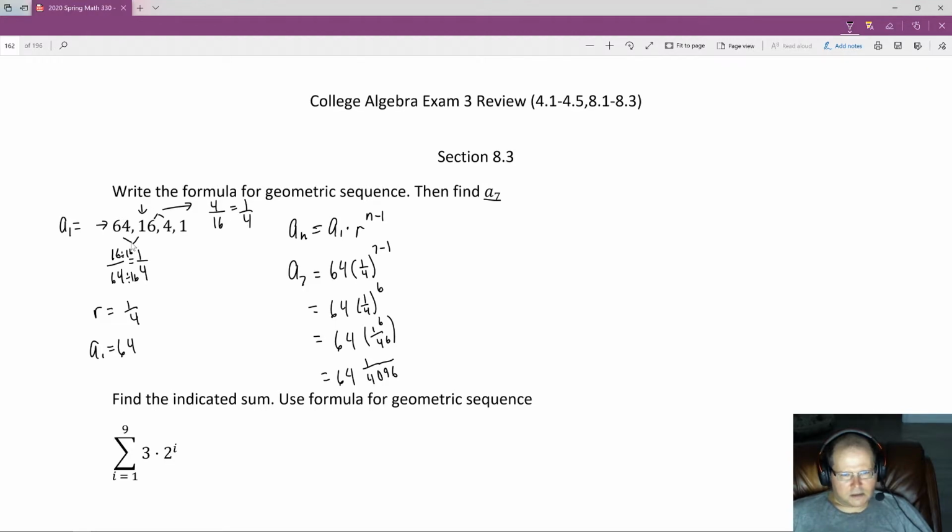So that's 64 over 4,096, and both of those are divisible by 64. So this gives you 1 over 64. It should be 1/64.